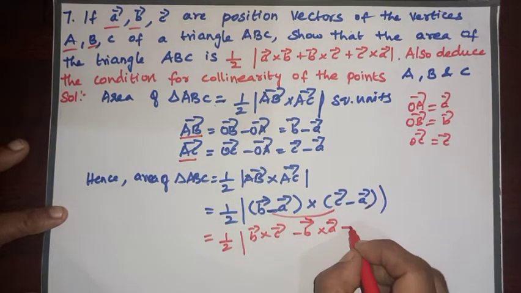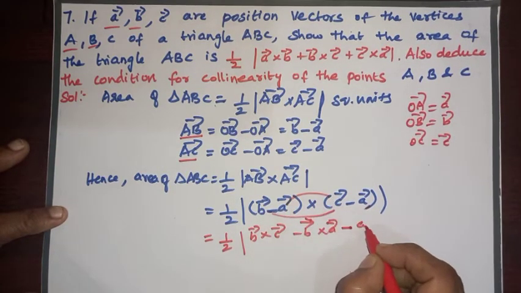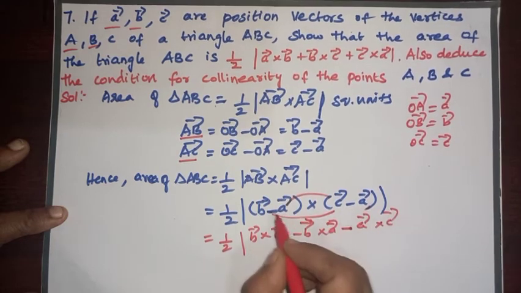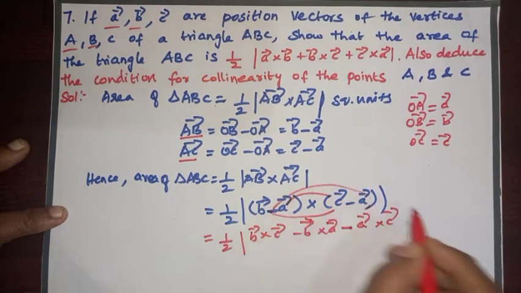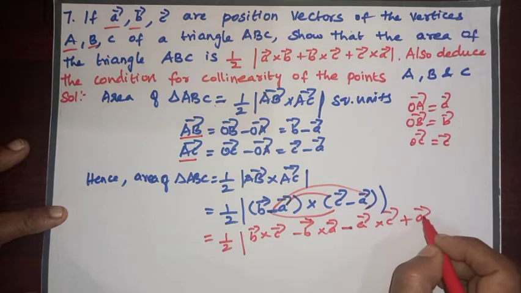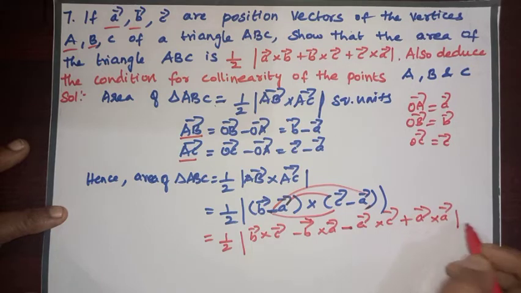Minus plus is minus A vector cross C vector. Minus and minus is plus A vector cross A vector.